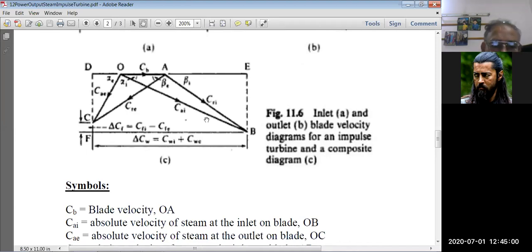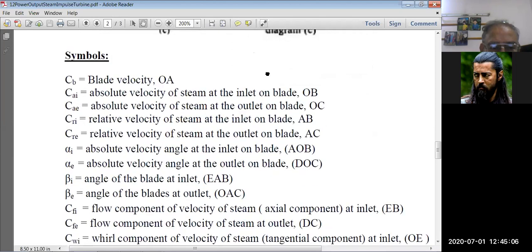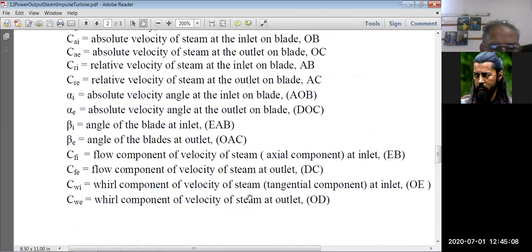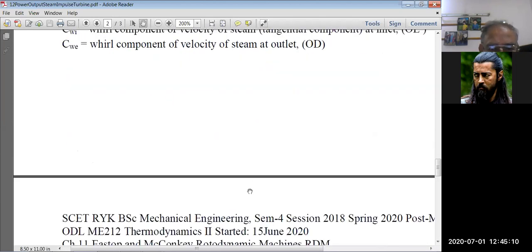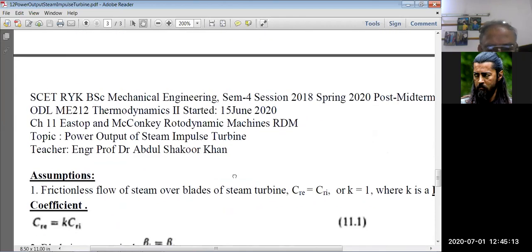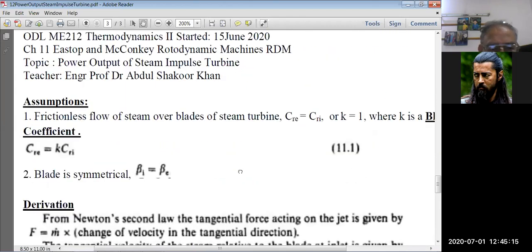So one component of velocity at the inlet and outlet will be summed up numerically. These are the list of notation which I have already explained. When you get this PDF document, you can read it at home.